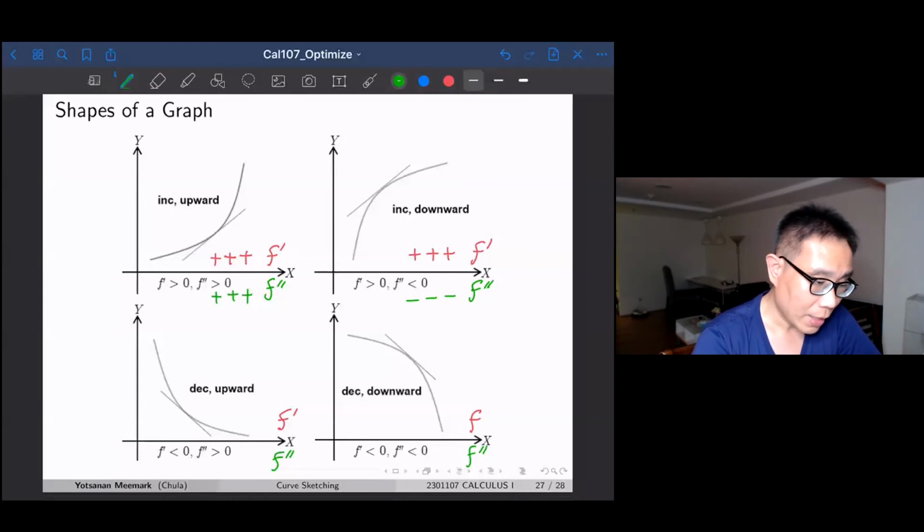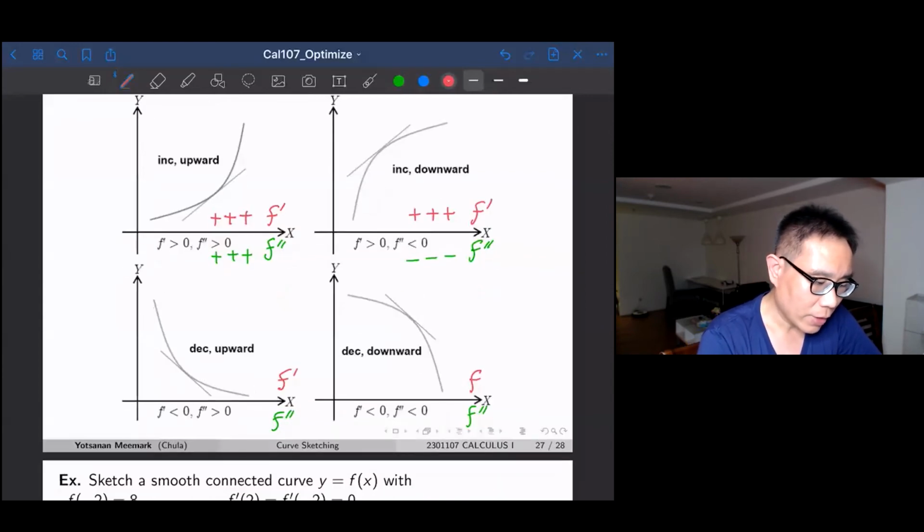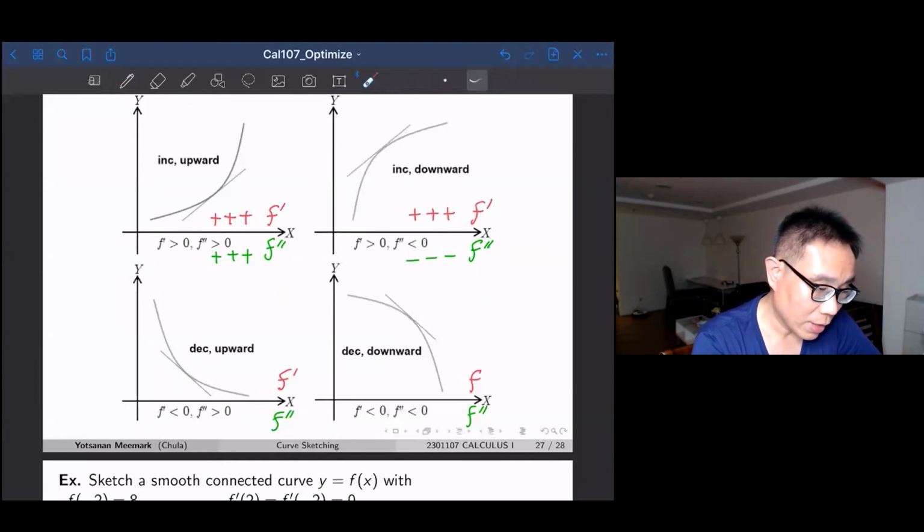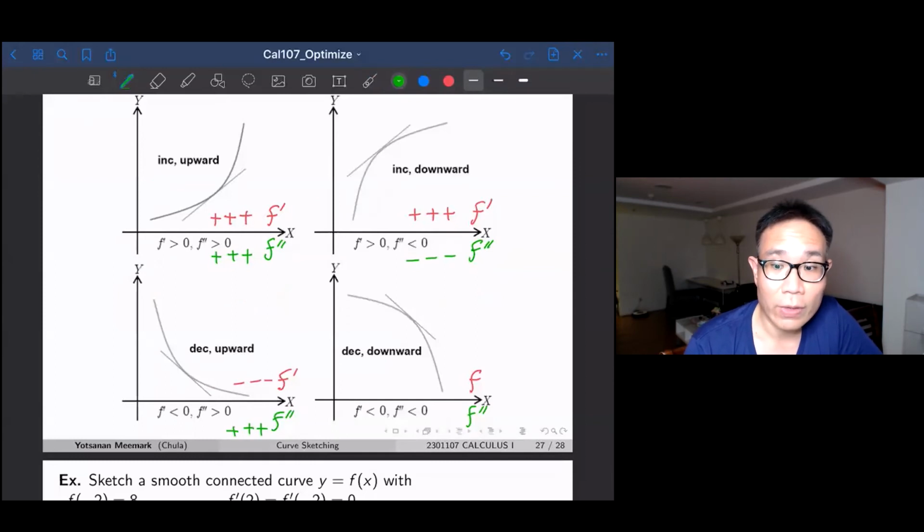And the next one, you have decreasing, but the graph is above the tangent line. So it's decreasing concave up. In this case, the sign of f prime is negative due to decreasing, and the sign of f double prime is positive for concave upward.